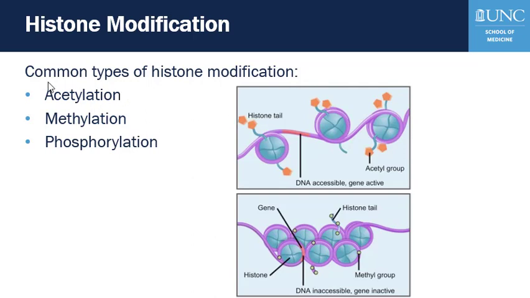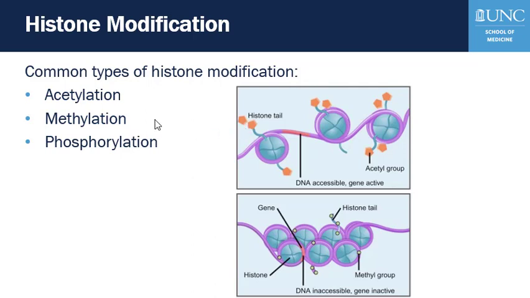And so these modifications include acetylation, methylation, as well as phosphorylation. And the remodeling complexes often have highly specific histone modifying enzymes. So these include histone acetyltransferases, or HATs, that add acetyl groups, and histone deacetylase complexes, or HDACs, that remove them.